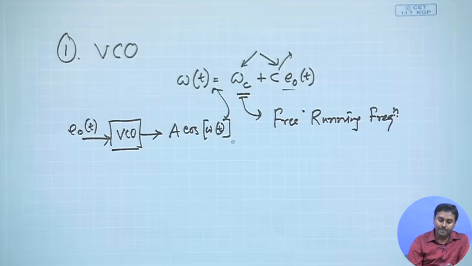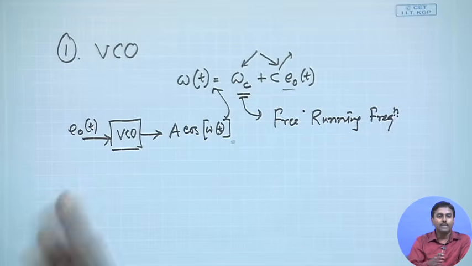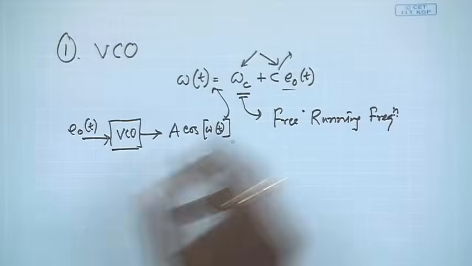So, if I have some E0 t input to it, it will keep on running at different frequencies. Now, if I put the VCO in a loop circuit, remember my target is this E0 t, which is the error voltage, or equivalent to the error phase difference, then I will be targeting that the error must be 0 in the loop.